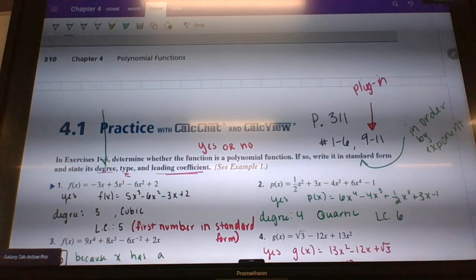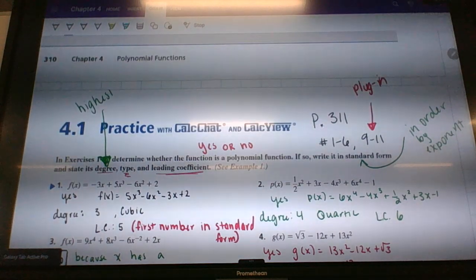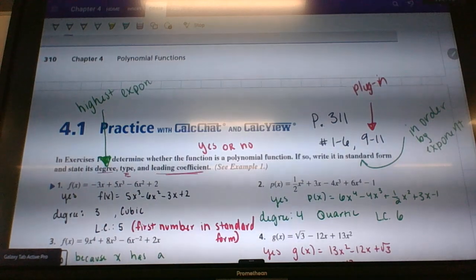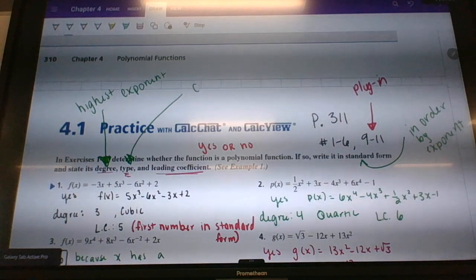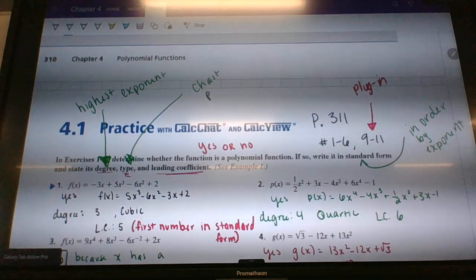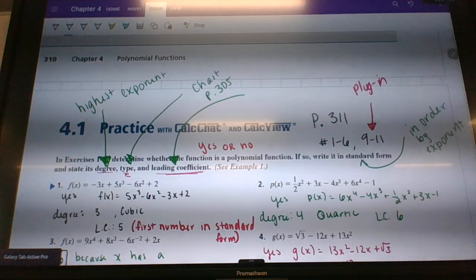This word degree means highest exponent. You just say no if it's a no. Type means use the chart on page 305. And leading coefficient is the number in front.